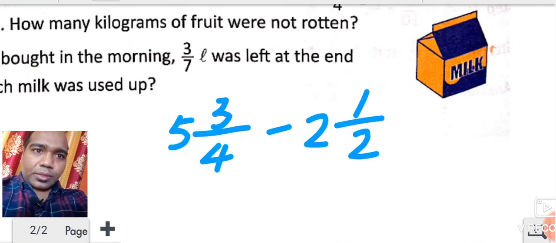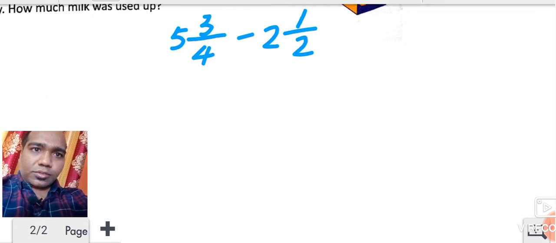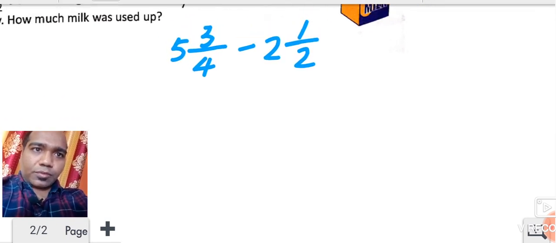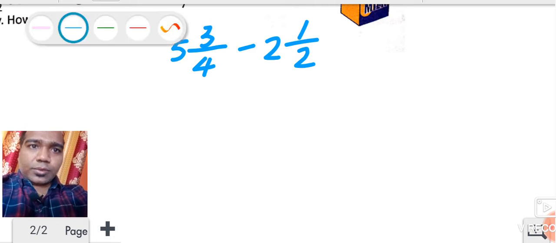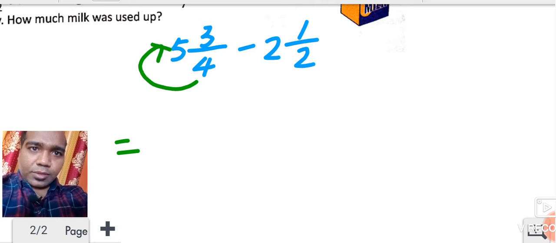Okay, now we have to solve this. So what is the step to solve? First of all, we have to change the mixed fraction into an improper fraction. So we'll multiply 4 into 5, 20, 20 plus 3, 23.